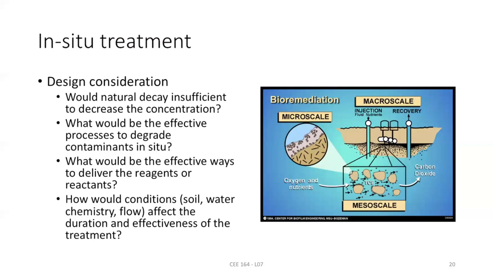The design consideration for bioremediation is you have to think of what kind of microorganisms are present, what kind of food they need, how much moisture they need, and whether they need oxygen or not, because these change the way you design the system. For instance, some contaminants like chlorinated solvents are not easy to oxidize, they are easy to reduce, because chlorine can be reduced.